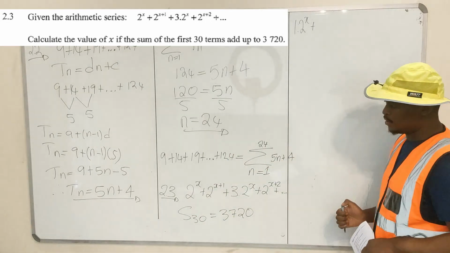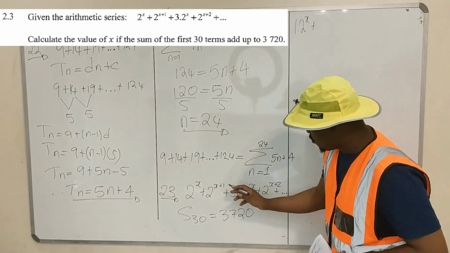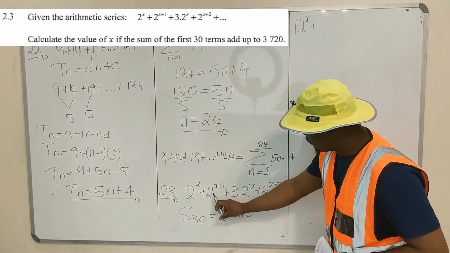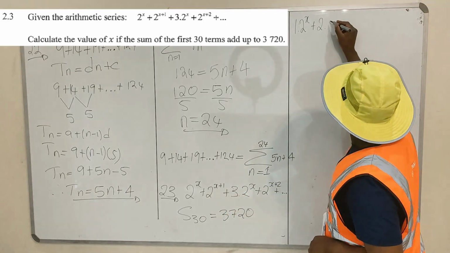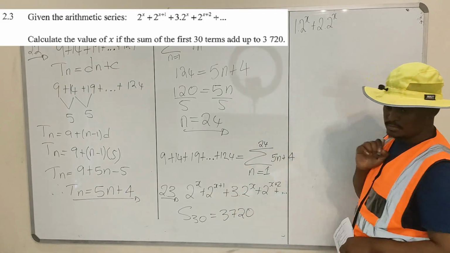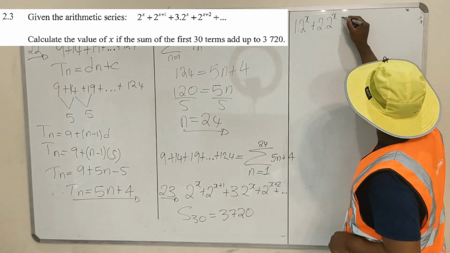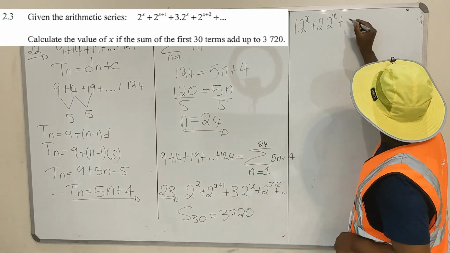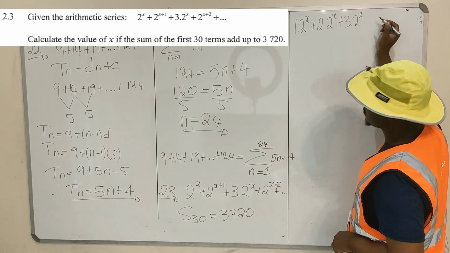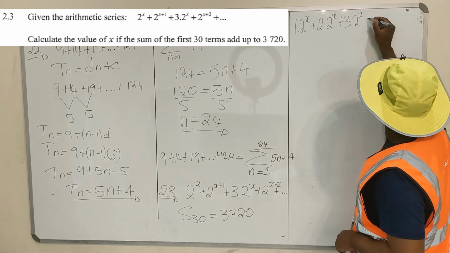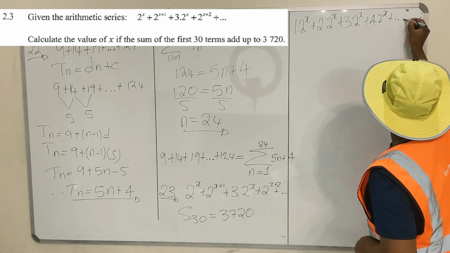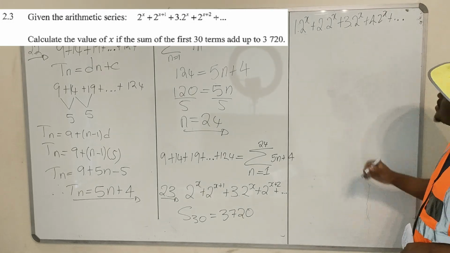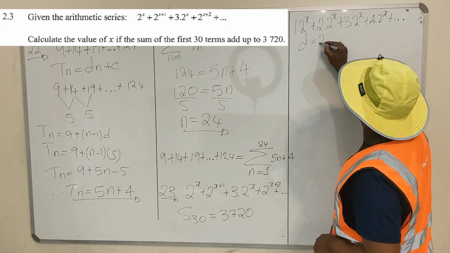The second one should be 2 raised x and 2 raised 2, so we have 2 times 2 raised x. The third term is 3 times 2 raised x. The fourth term is 4 times 2 raised x. So when you write it like this, it's clear that the difference is 2 raised x.